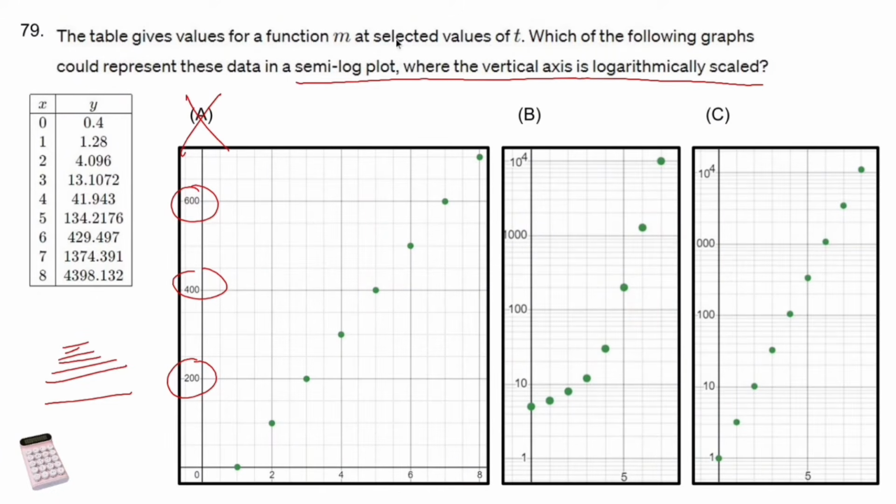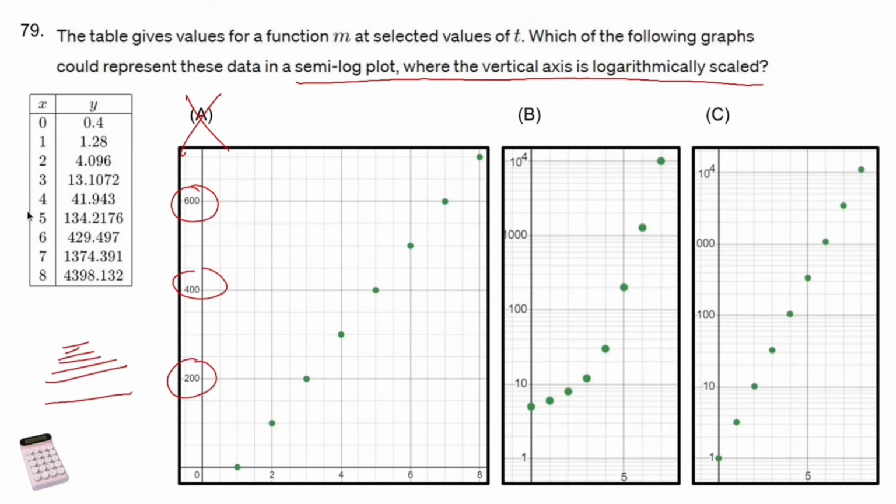Now, the table is given, and the table is not giving us linear values. The table is giving us values that are exploding. In fact, it looks like you multiply by a 4-ish number every time. Not 4, maybe like 3 point something every time to move your way up. So this is exponential. I don't know exactly what that number is, but it's exponential.